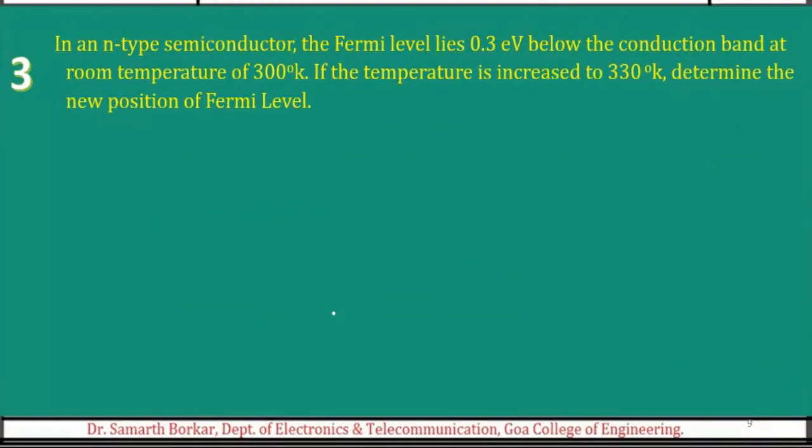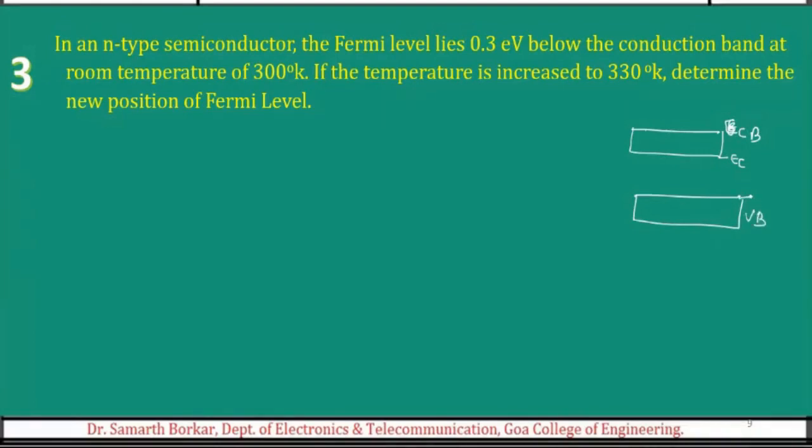In an n-type semiconductor, the Fermi level lies. Now, these problems are related to the Fermi levels in semiconductors. In an n-type semiconductor, the very first thing is to try to visualize the data. This is the conduction band, and this energy is marked as EC.